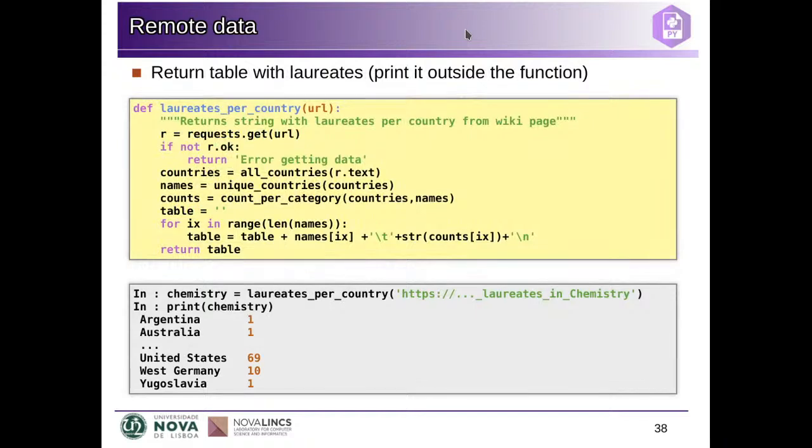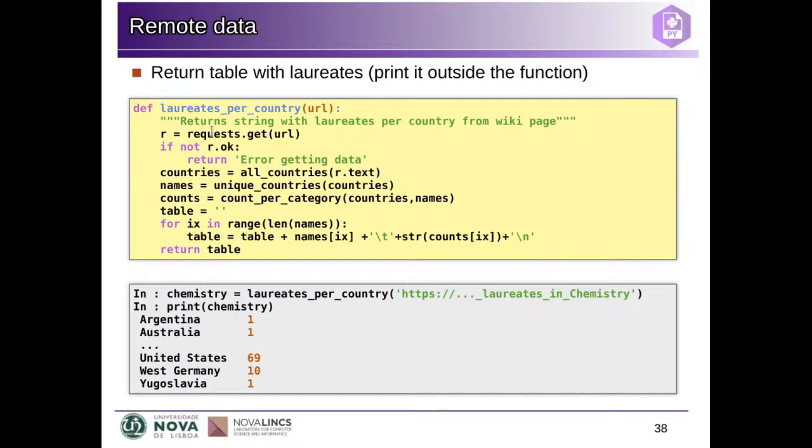Okay, so now we can wrap this up into a single function that gets the data from the URL, checks if everything went well, and if everything went well, it counts the Nobel Prize winners per country and returns a list of strings with our table, or a string with our table.